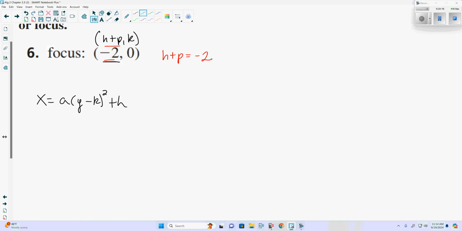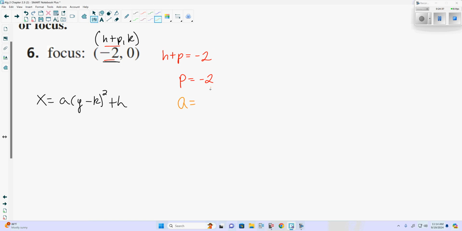And from the general form, h plus p is negative 2. Questions on this here? So p equals negative 2. So we can have a negative value of p, as we do here.